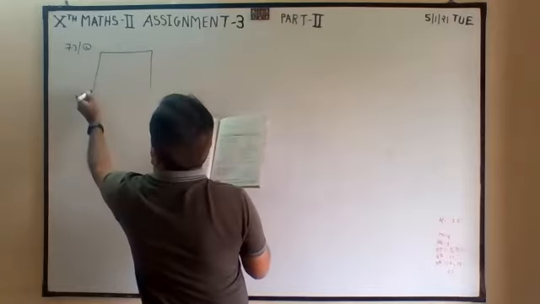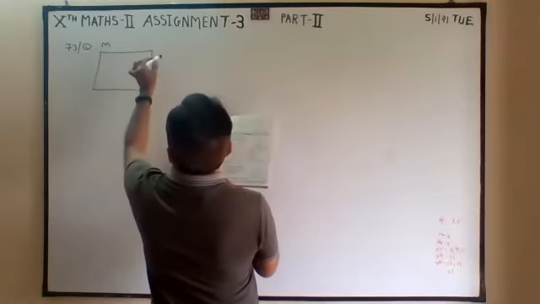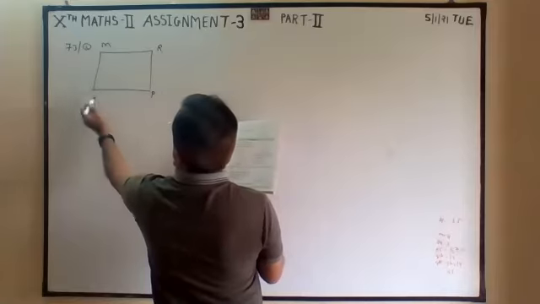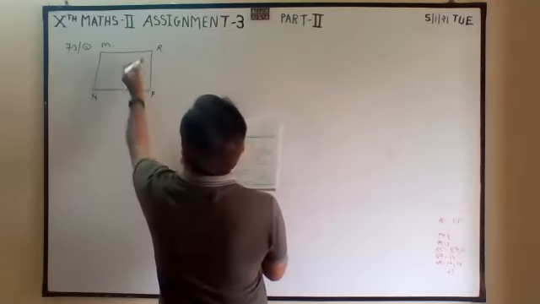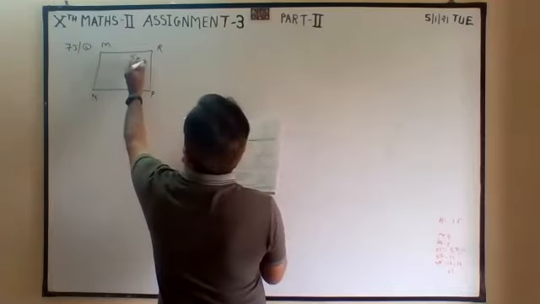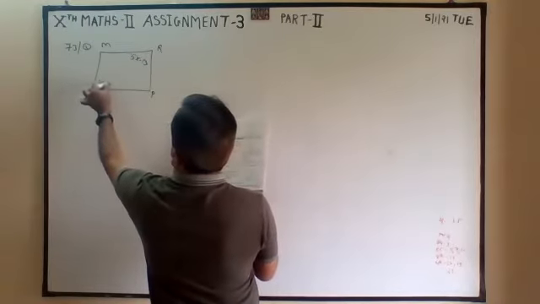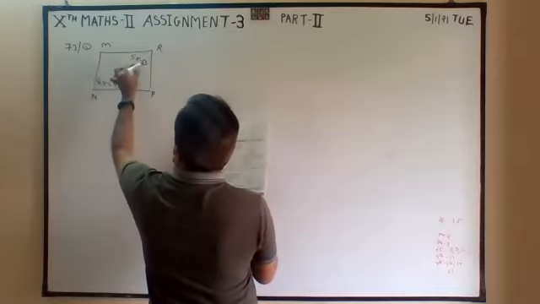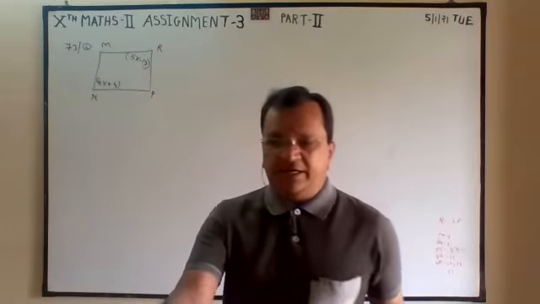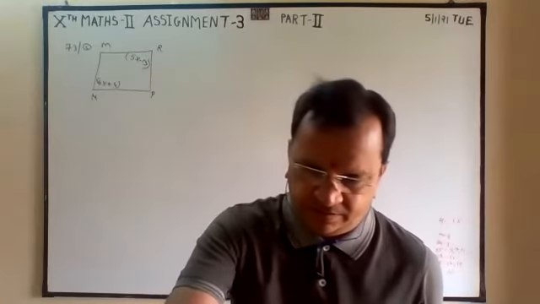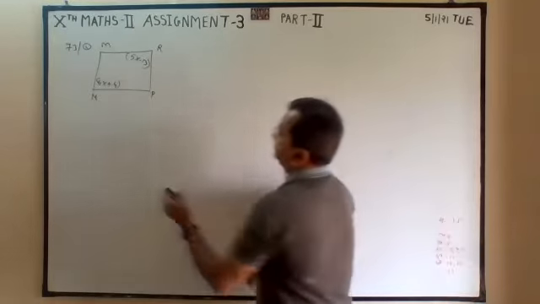Quadrilateral MRPN, and it is given that angle R is 5x minus 13, angle N is 4x plus 4, and the quadrilateral is cyclic.